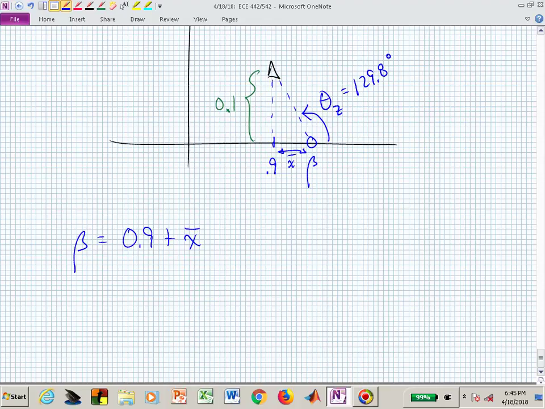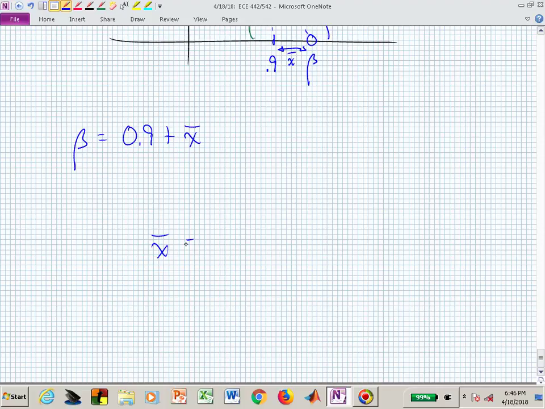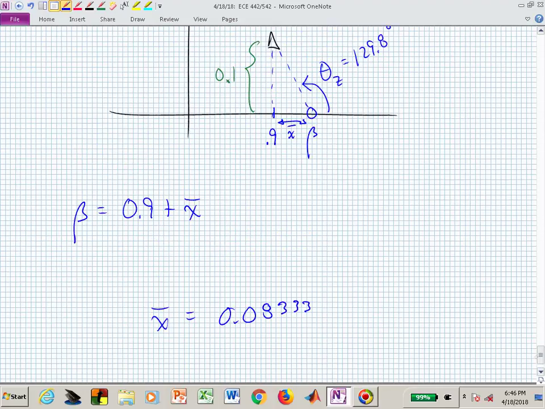You can now find that acute angle and use that with this tangent information and find the adjacent side x bar. X bar ends up being, since I'm out of time, 0.08333. And then what do you do? Now you know your zero location. You adjust the gain k. You use the magnitude condition to put your closed loop poles right at the triangle. And we'll pick up at that point next time or somewhere close.